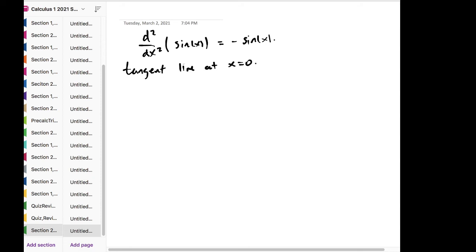Okay, so if this is my function negative sine, what's f prime? So negative sine is now my f of x. Okay, negative cosine. Okay, what's f prime of 0?